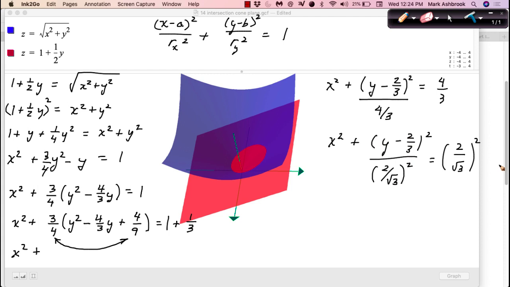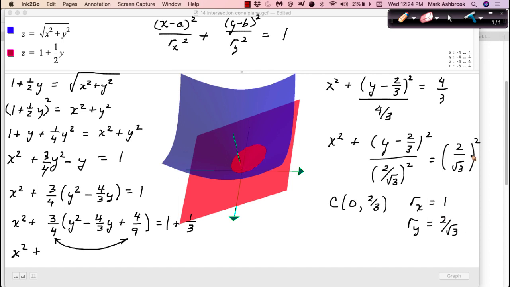This is going to be an elliptical cylinder that goes up and down because there's no z in there. So what's the center of the ellipse? Zero and 2/3. The x radius is 1. The y radius is 2 over radical 3.